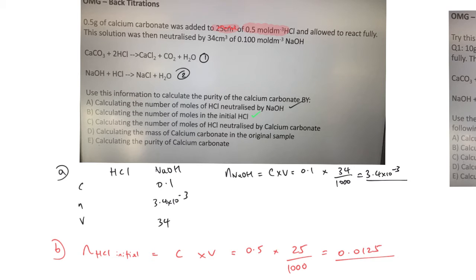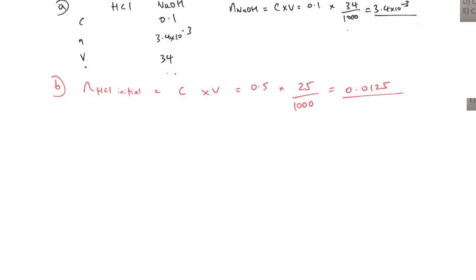Calculate the number of moles of HCl neutralized by the calcium carbonate. So for C, I'm going to be using these two answers. This was my initial number of moles, and this was what was left over after the reaction.